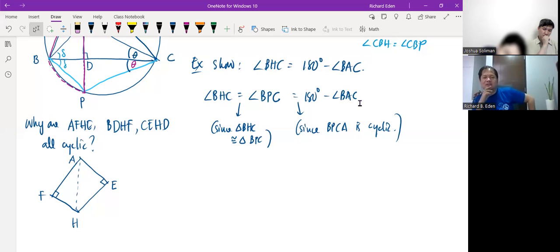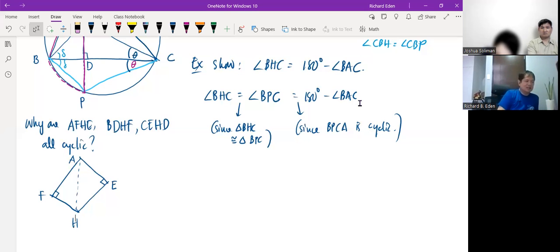What's the measure of angle F? Angle F. 90. What about angle E? 90. 90 also. And so, what can we say about the opposite angles F and E? They are congruent. Yes.